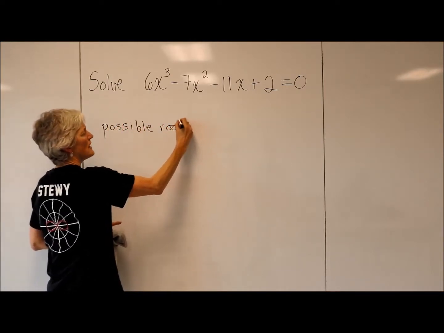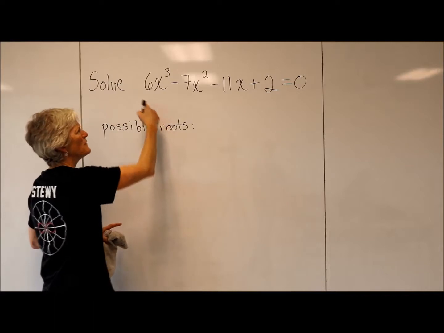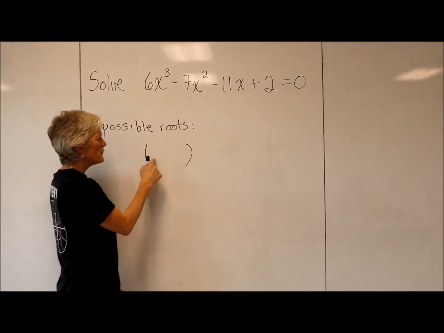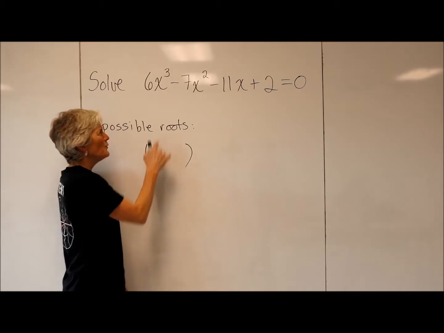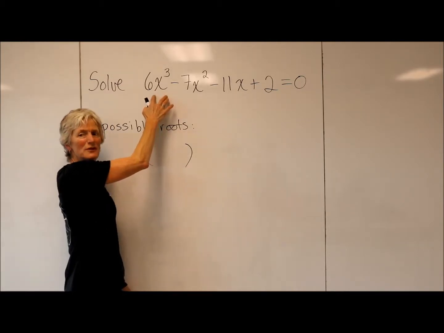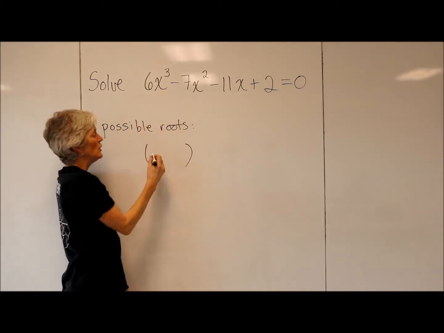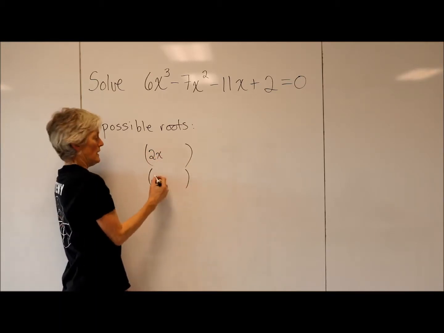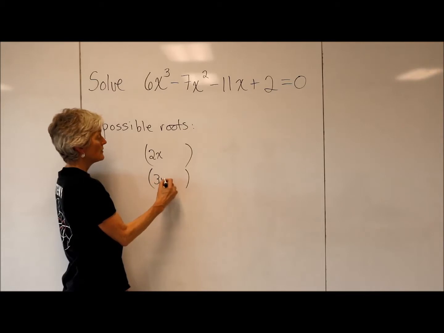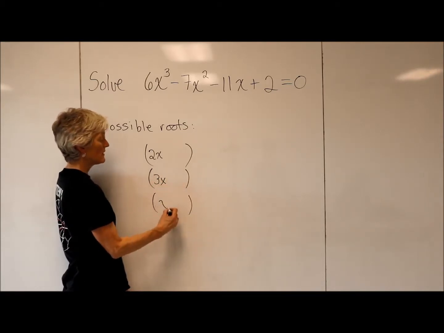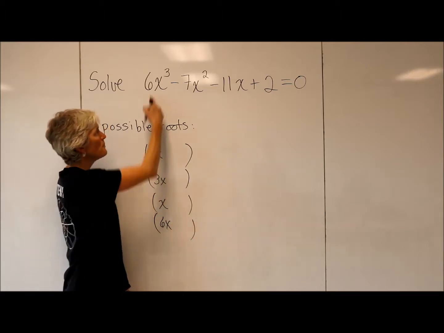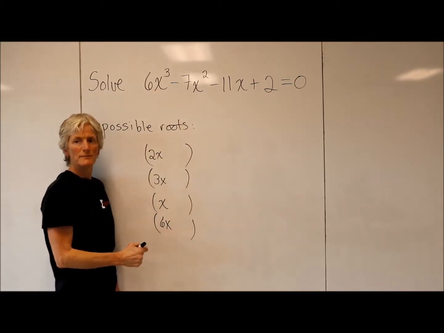And the way we do that is to think, okay, if I were to find a factor, this first number here would have to be a factor of that first term. Does that make sense? So it could either be a 2x or a 3x or a 1x or a 6x. Those are all factors of that first term.